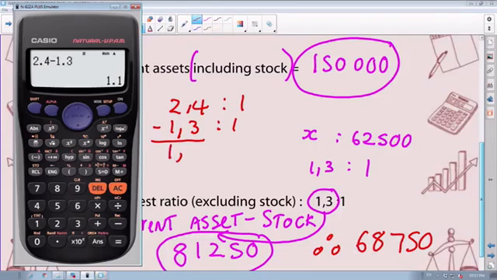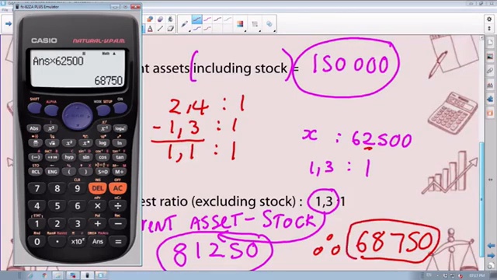So my stock figure is 1,1 for every 1 rand of current liabilities. So again, 1,1, if I now multiply this by my current liability figure, 62,500, that gives me, there we go, the same figure, 68,750.